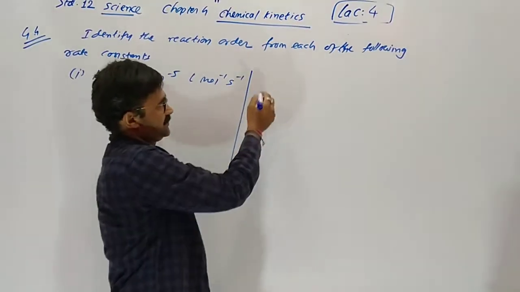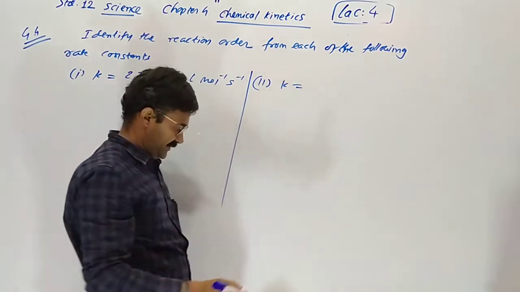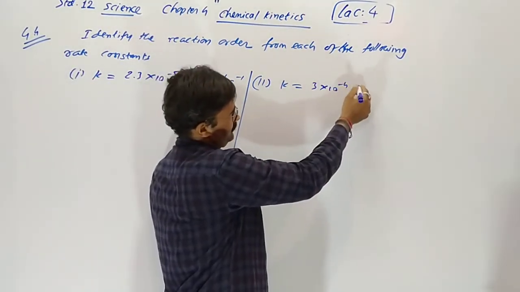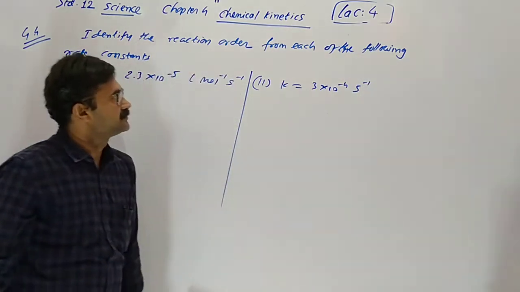And second, K is equal to 3 into 10 raised to minus 4 second inverse.